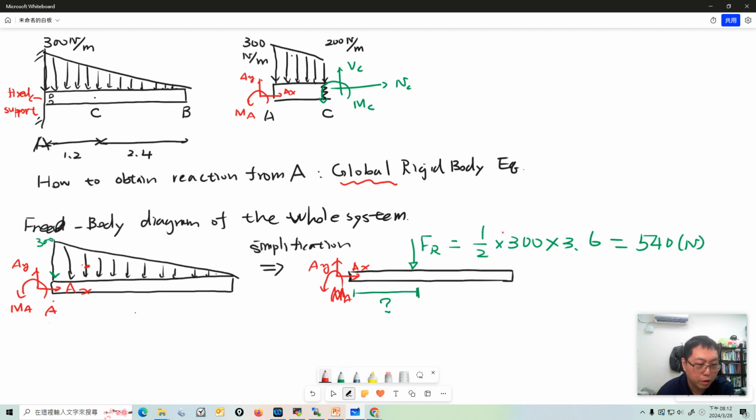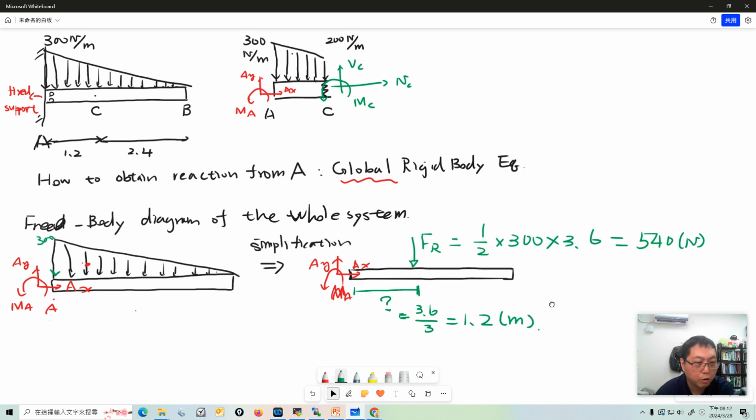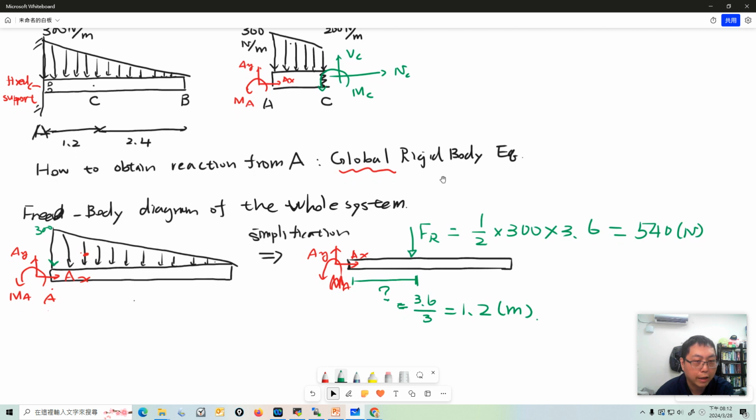The centroid of a right triangle should be common sense in your engineering mechanics calculations, so I don't want to explain it anymore. It's equal to 3.6 divided by 3, which is 1.2 meters.